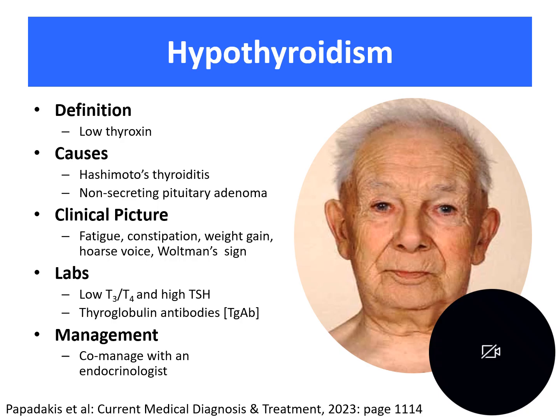You're going to get fatigued, you're going to run out of energy, you become constipated, you put on weight because you're eating a normal amount of food, but because you're not expending it, due to the decrease in the metabolic speed of most of your pathways, you're going to put on weight.